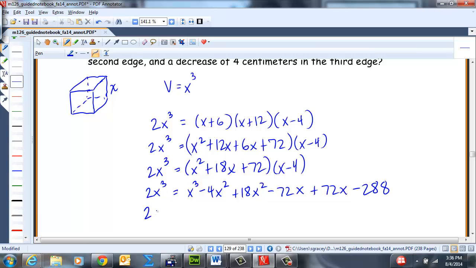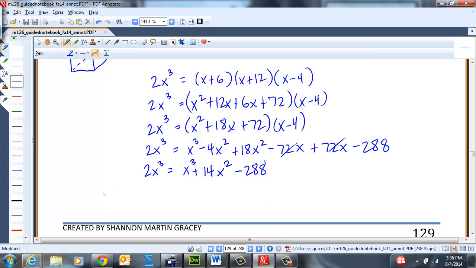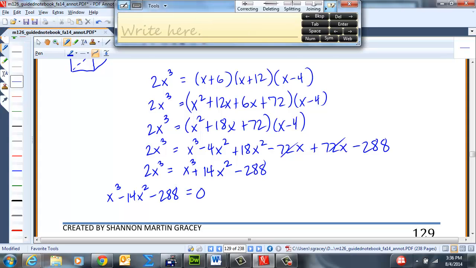So 2x cubed equals, so the 72x zeroes out, so we'll get x cubed plus 14x squared minus 288. And then if I bring them all over to the left side, I'll have 1x cubed when I subtract x cubed from 2x cubed, minus 14x squared minus 288 is equal to 0.